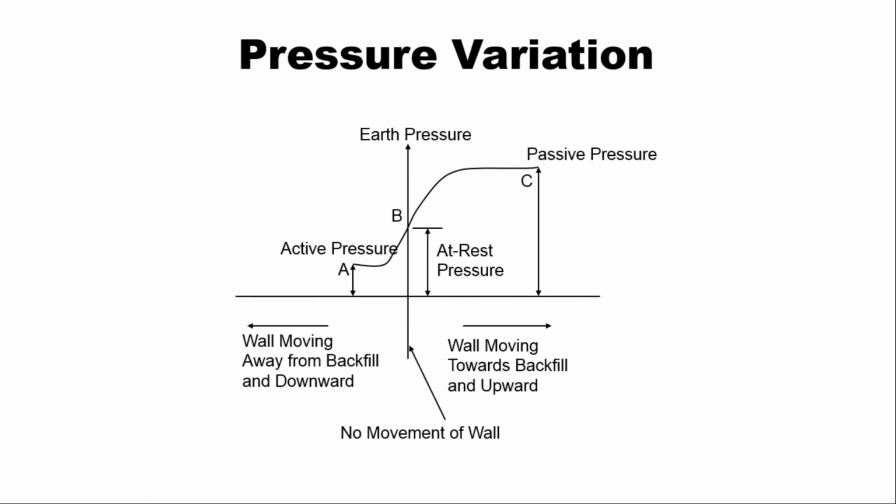Sometimes in ghat areas, when walls are provided to retain the mountainous part behind them, they are actually under active state, but due to this the walls may be shifted towards the road, and to prevent that they are designed for passive conditions so that they can be stable and will not move towards the roadside or valley side. So these are some of the examples of passive earth pressure.